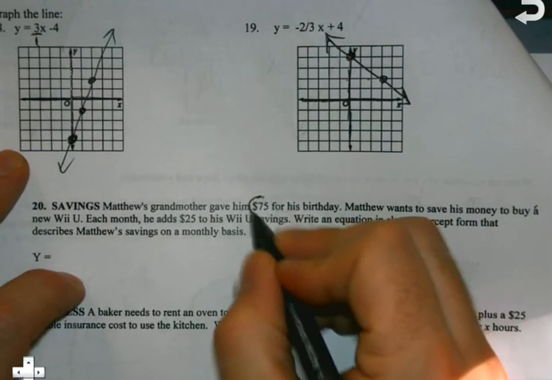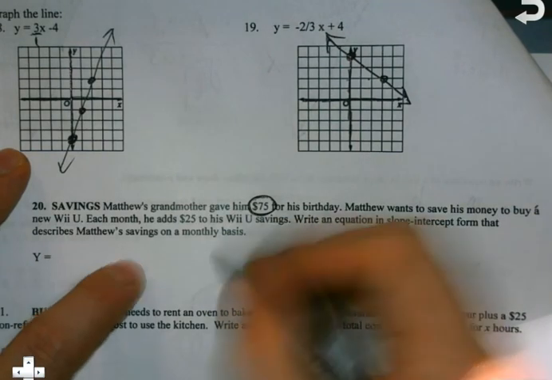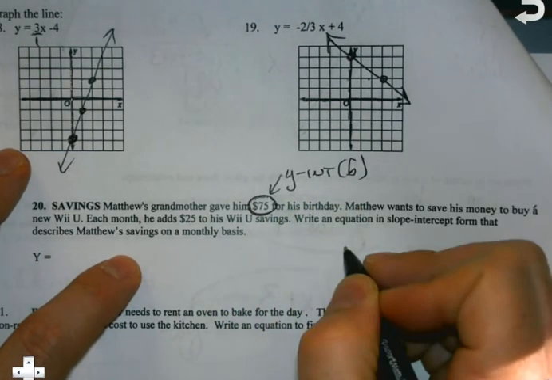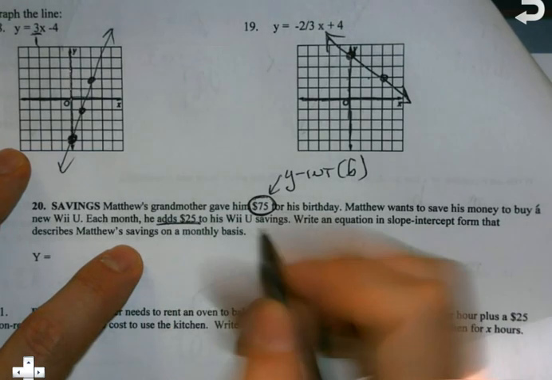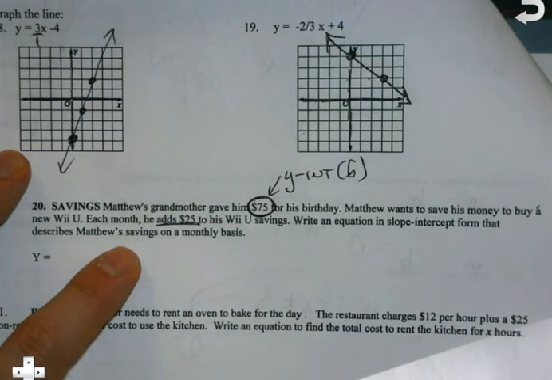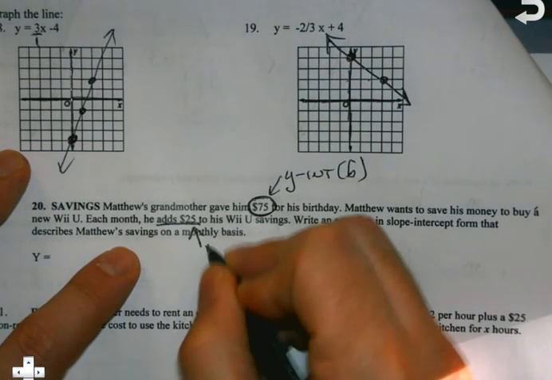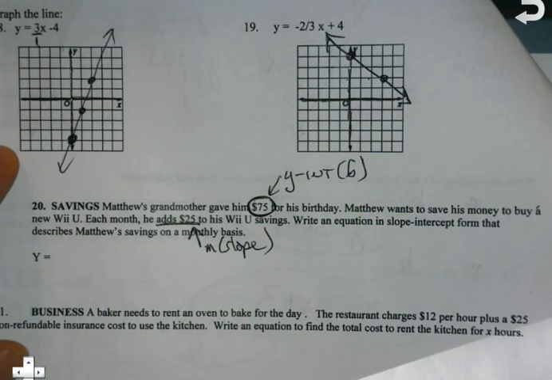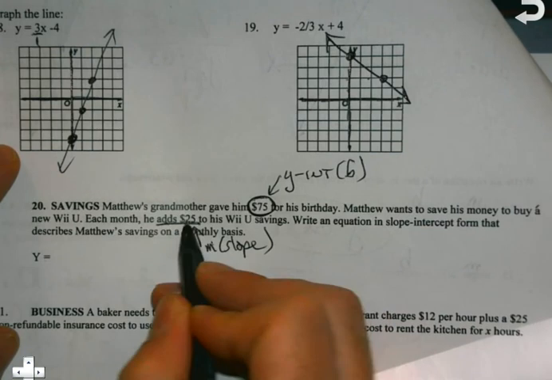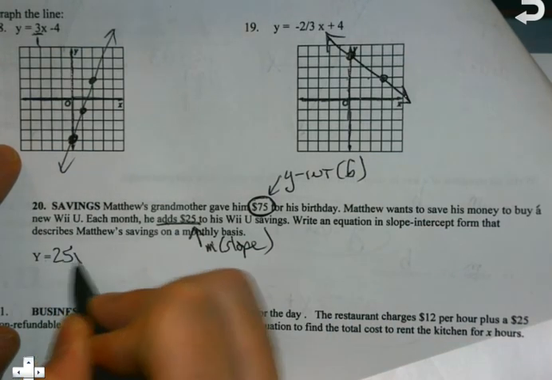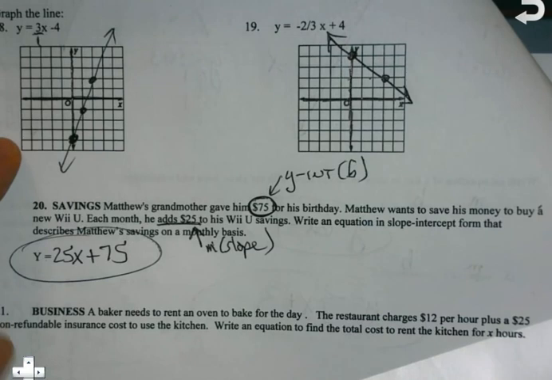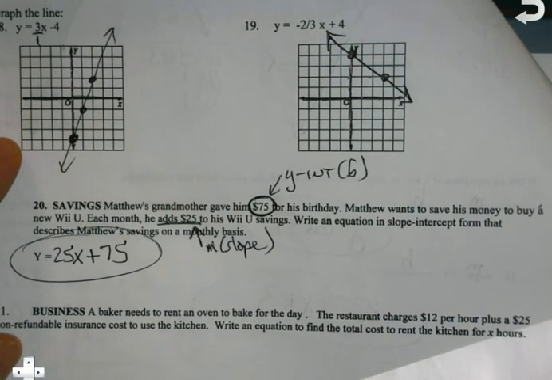The money that he's just given, that he gets one time, is going to be my Y-intercept, or my B. Whatever he adds monthly, or weekly, or daily, or whatever it happens to be, is going to be my M. That's going to be my slope. So when I make my equation, it's Y equals M X plus B. So it's just like what we were doing on the ones you thought were easy, except now we're kind of having to pull it out of the problem a little bit.